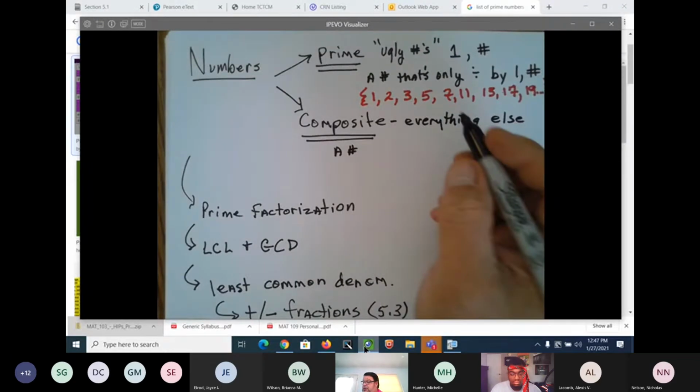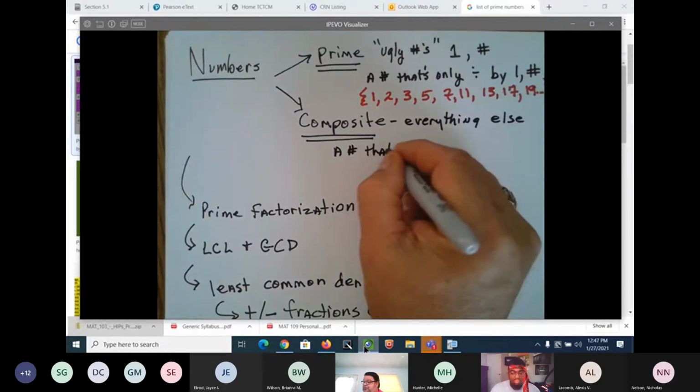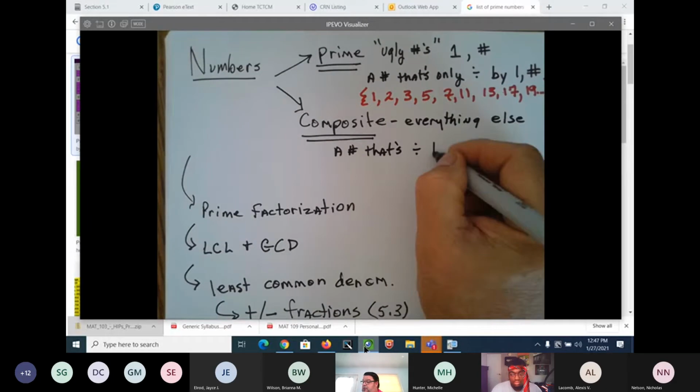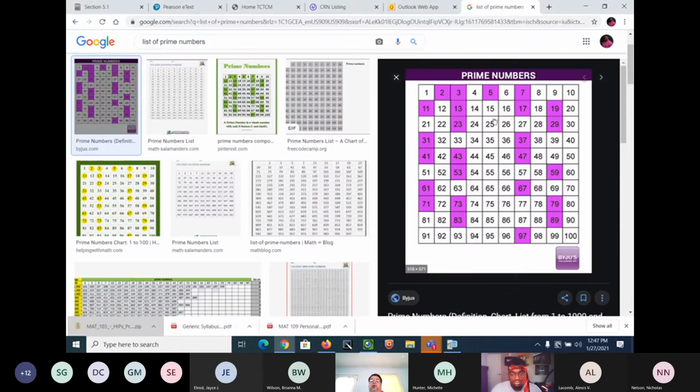A number that's divisible by other numbers. And that's everything else. So you take your handy dandy, and that's 44, 4.